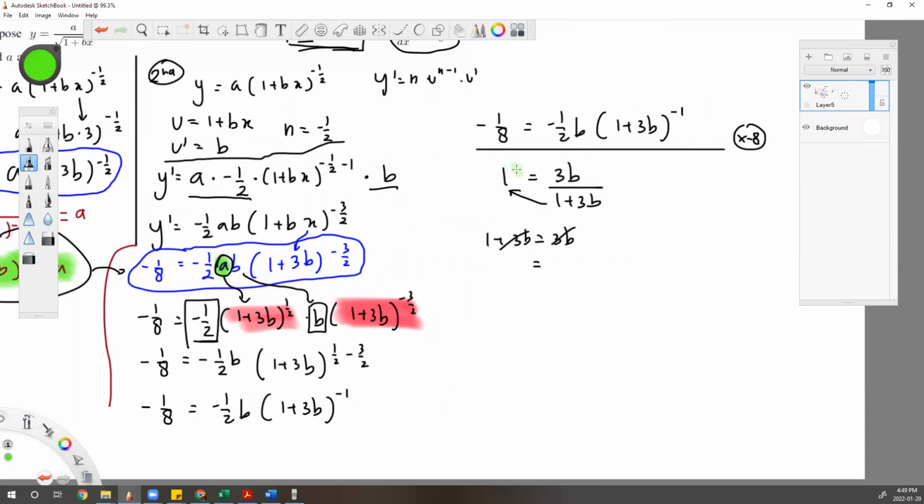So 1 equals 3b over 1 plus a. See, nothing wrong. So you may ask your teacher, yeah, Tedra. I'm confused at this part because 1 equals 0b. So b equals 1 over 0, right? 1 over 0 is undefined.